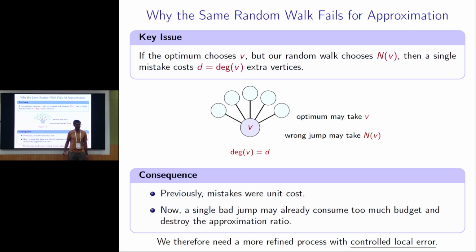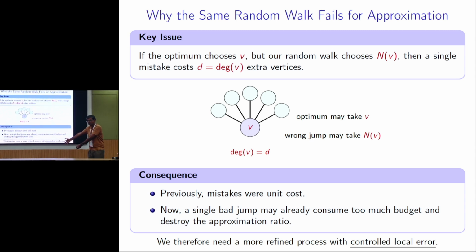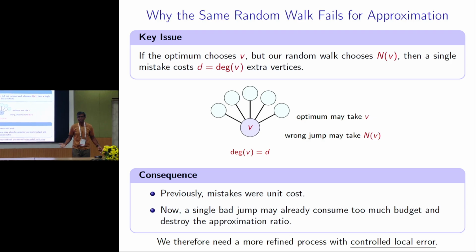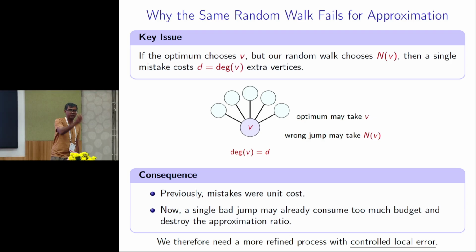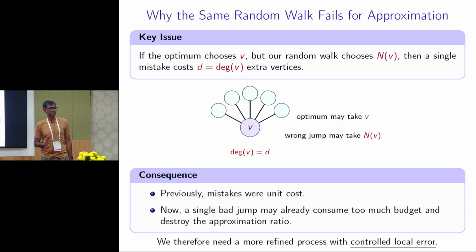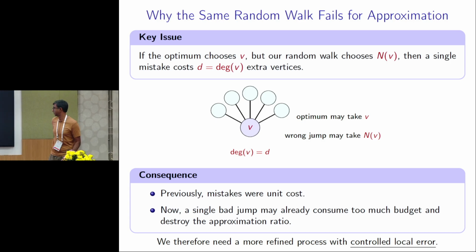Now you should have picked up V, that's the right move, but you decided to pick all of this N of V. Now imagine that this degree was like k by 2 and you were hoping to get a 1.1 approximation. You deleted k by 2 vertices from the graph already and your optimum did not decrease. So even if you run correctly after this move, you are still going to give me 3k by 2 approximation. 1.1 is not possible. So this move is not correct.